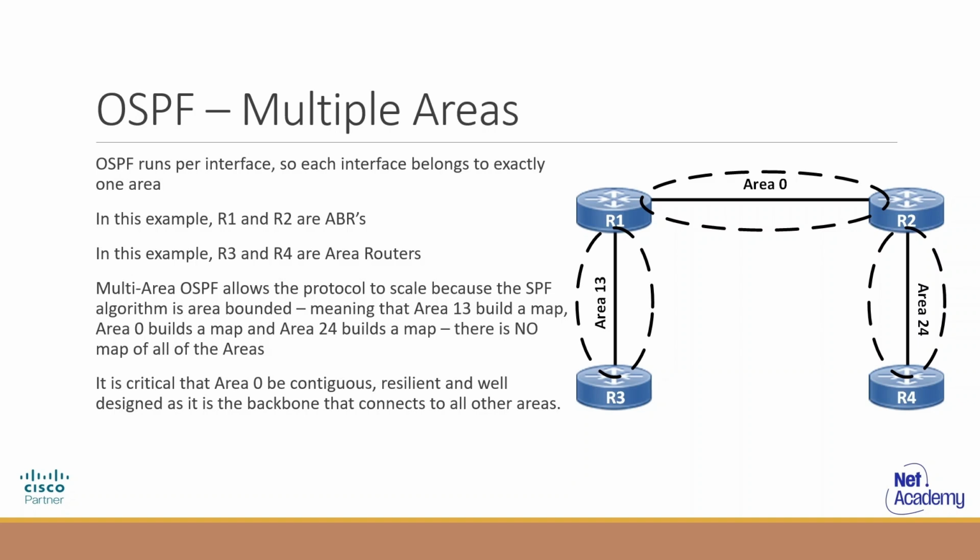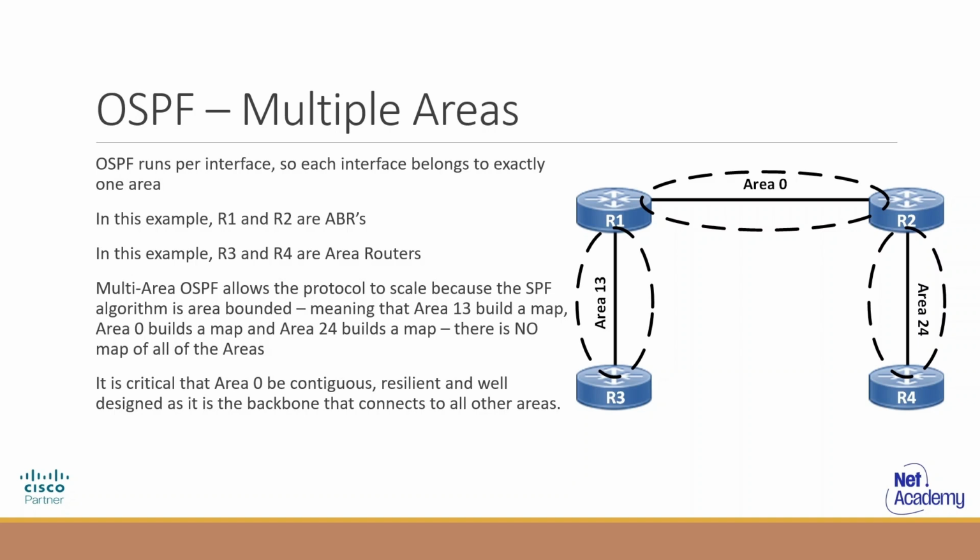If we go back to the very beginning and we talk about that SPF or Dijkstra algorithm, remember what I said back then. It runs per area. You will have an SPF tree for area 24, for area 13, and finally for area 0. So you could think of it as link state within an area and distance vector between them, because effectively, if I need to go from area 24 to area 13, it doesn't map everything.